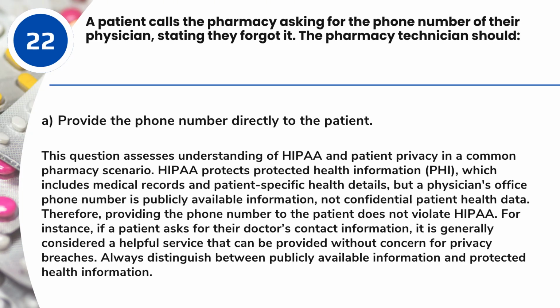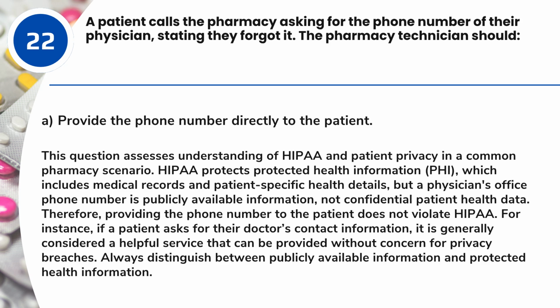Answer: A. Provide the phone number directly to the patient. This question assesses understanding of HIPAA and patient privacy in a common pharmacy scenario. HIPAA protects protected health information, PHI, which includes medical records and patient-specific health details, but a physician's office phone number is publicly available information, not confidential patient health data.